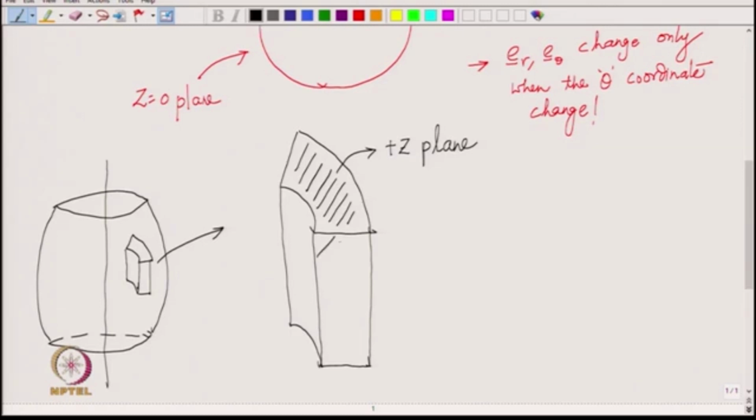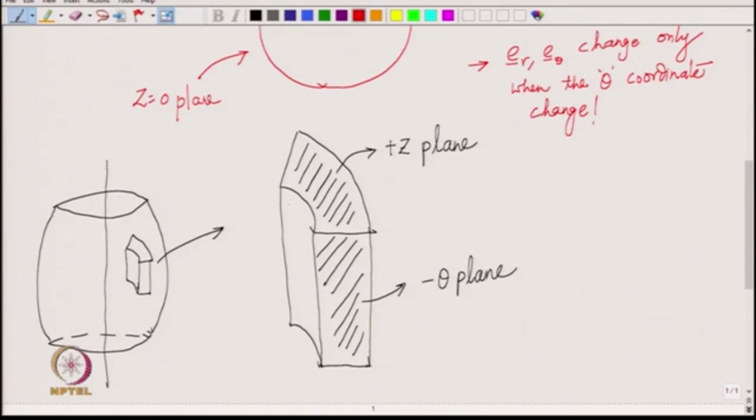What can you say about this face? So, where is the normal to this face? You can see that the normal to this face is pointing along the negative theta direction, it is pointing in the direction of decreasing theta. So, this is actually the negative theta plane, is not it?